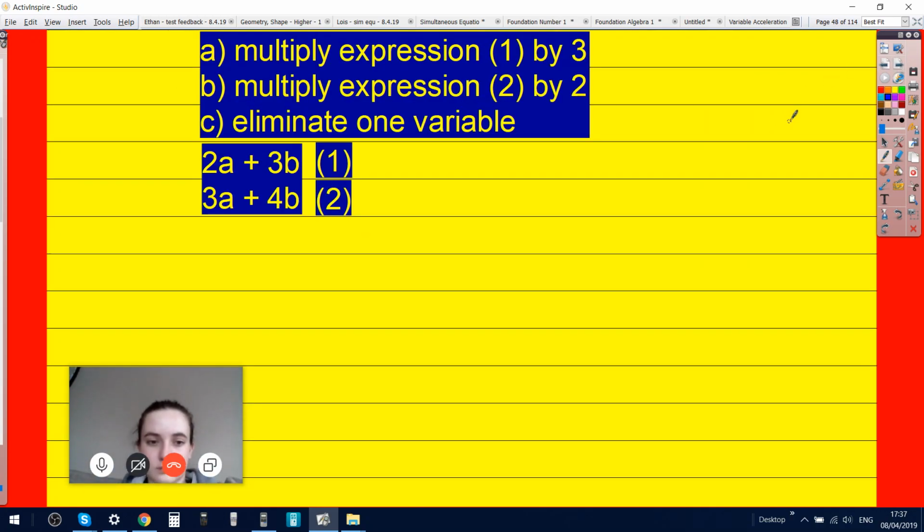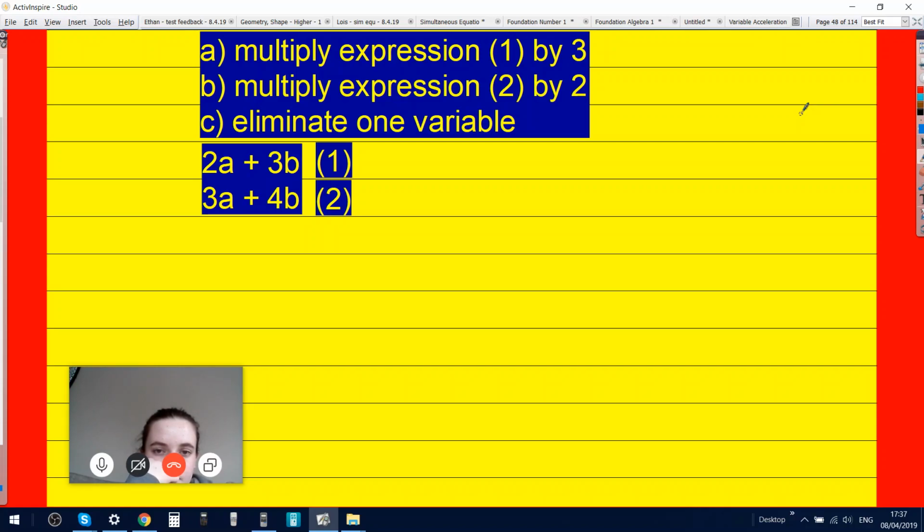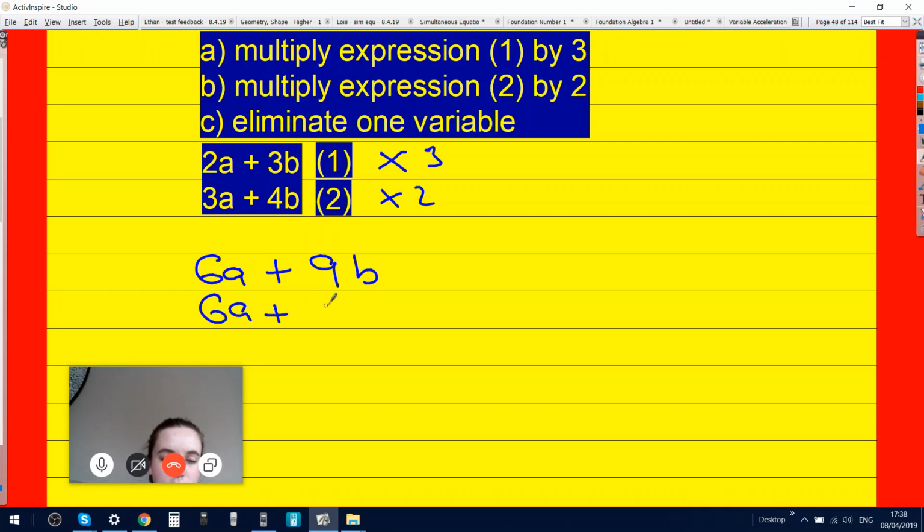Try this one. So 1 to 8, 6a plus 9b, and then 6a plus 8b.